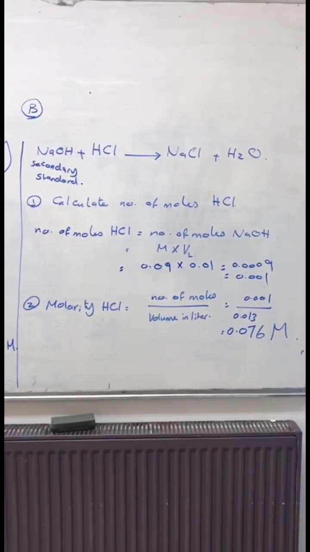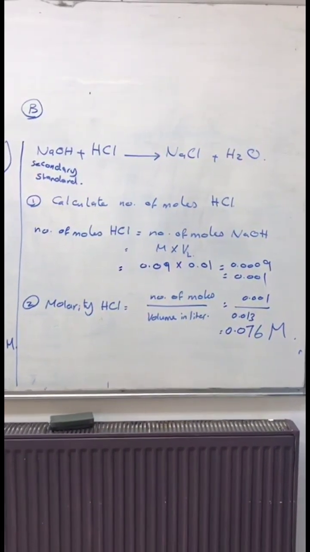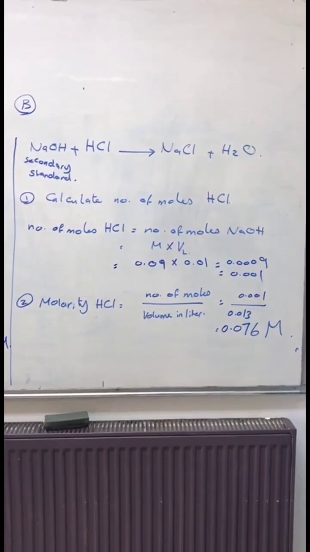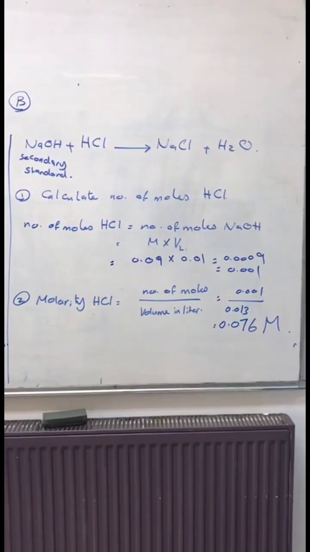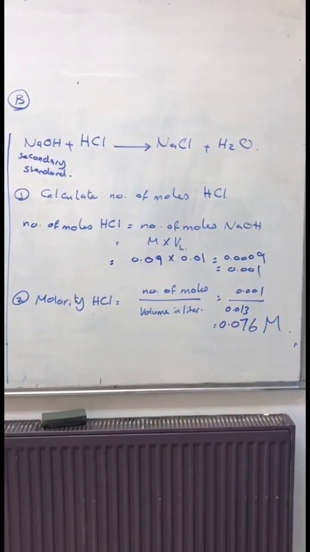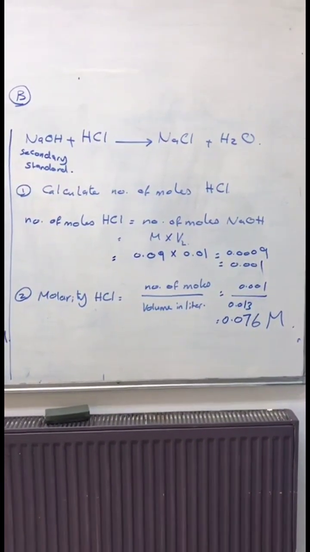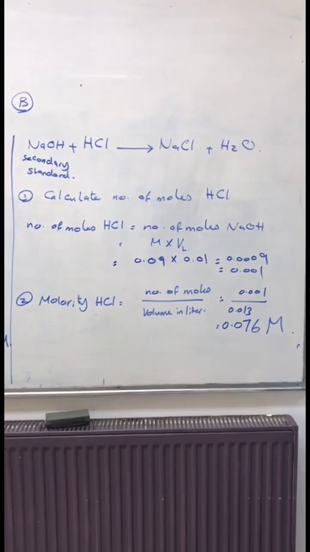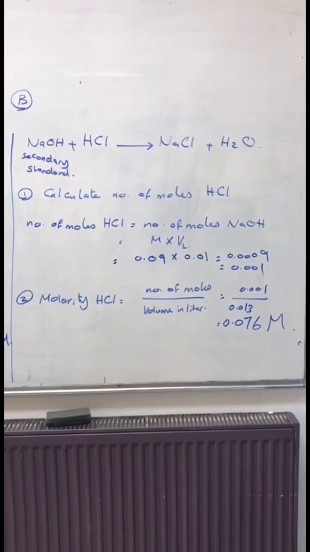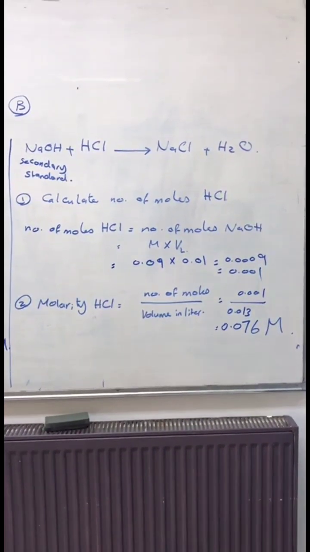So the first question is to calculate the number of moles of HCl, which equals the number of moles of NaOH, and it equals 0.001. To calculate the molarity of the hydrochloric acid, which equals the number of moles over volume in liter, 0.001 divided by 0.013 equals 0.067 molar.